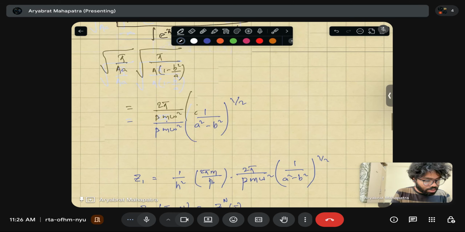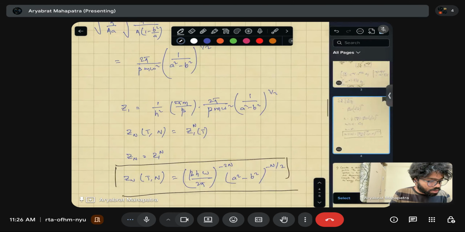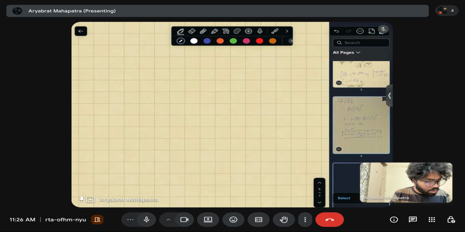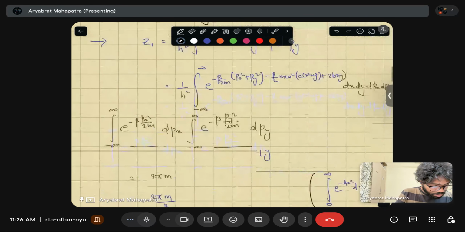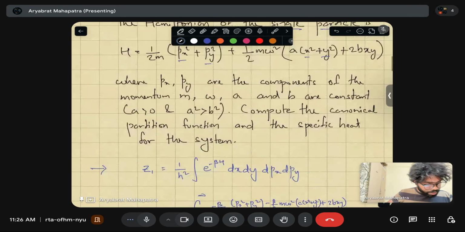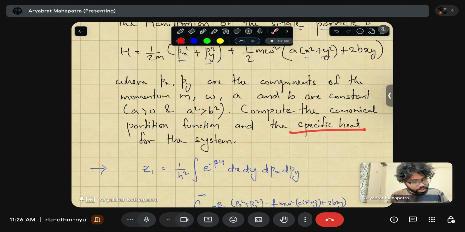Then what you were required to do here: once you have the partition function, our goal is to find the specific heat of the system.